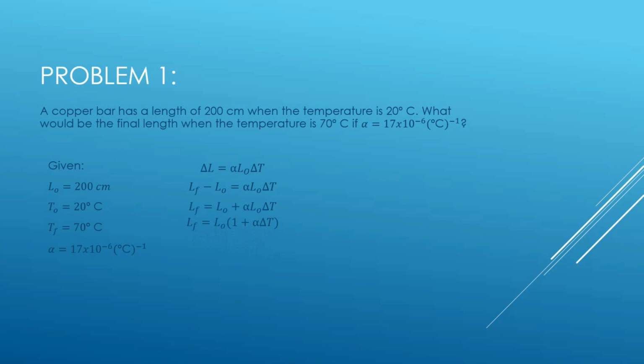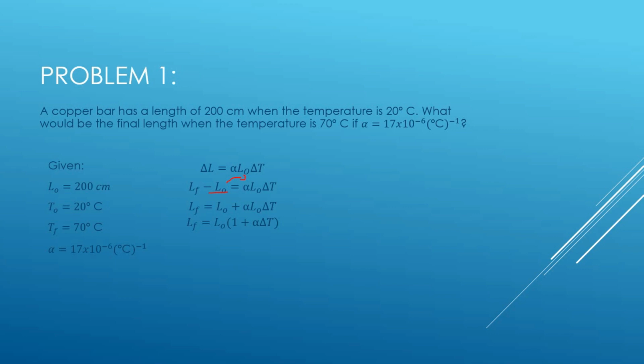This is to find the final length. So now we have the formula. We move the initial length to the other side, which is like earlier in the lesson, the addition property of equality. So the sign of the initial length will change to positive since it's negative right here.